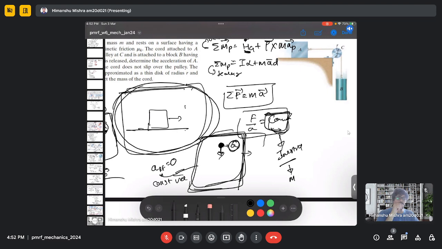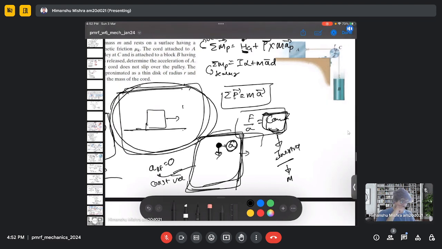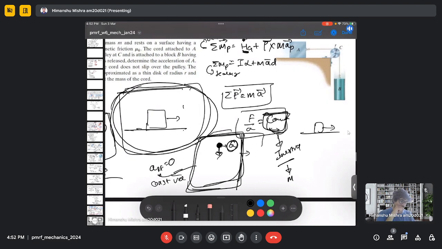There must be some component of the force, because if your object is moving in a horizontal direction, there will be a friction force, a normal reaction, a weight, and then a force due to inertia.